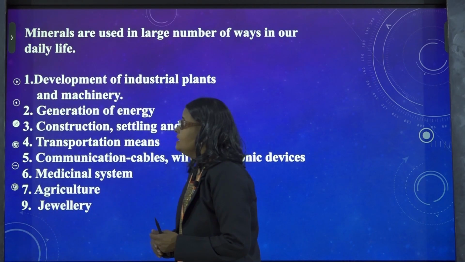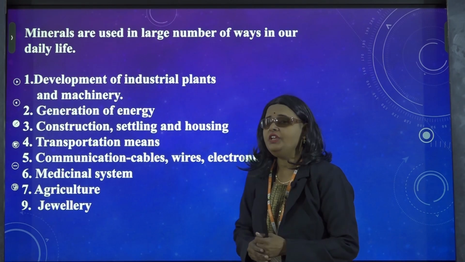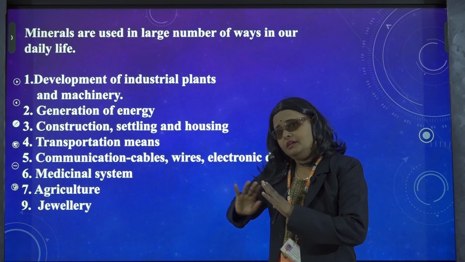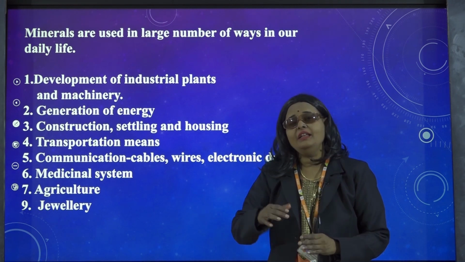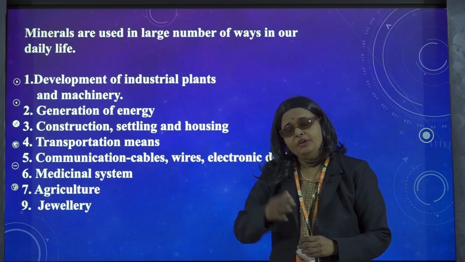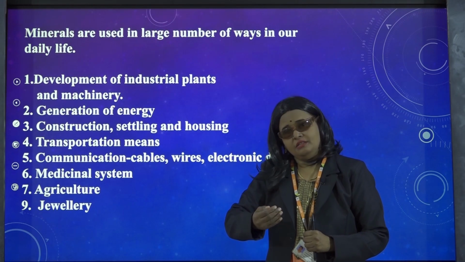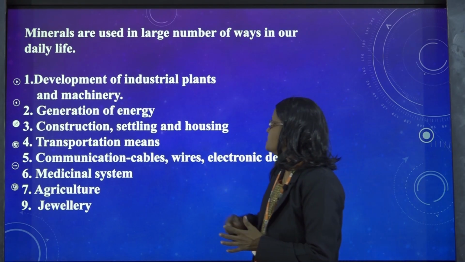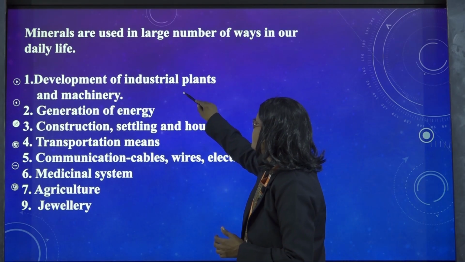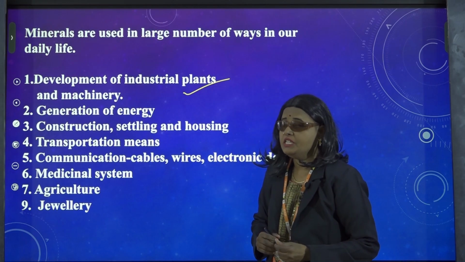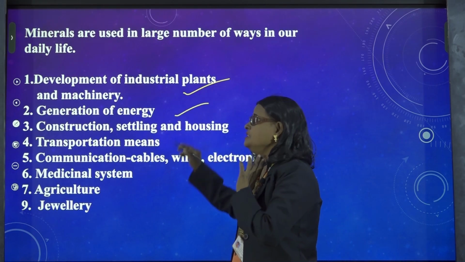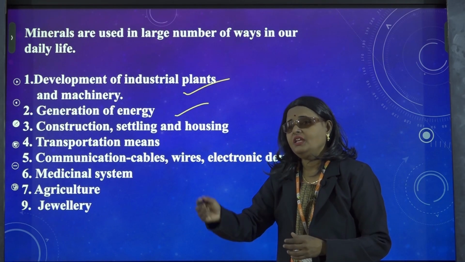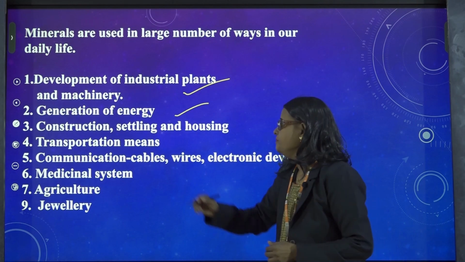Now, minerals are used in a large number of ways. I already discussed this. No need to learn about the uses; you critically analyze and think, and you can give the answer. That means, in what way are we using these minerals? For example, these minerals are used in development of industrial plants and machinery, and help in generation of energy. You can give the example of coal, and the example of uranium here.